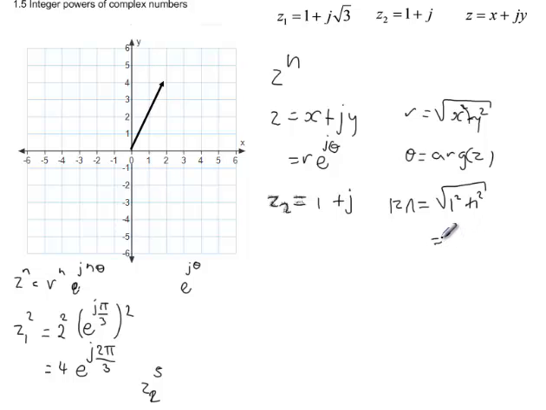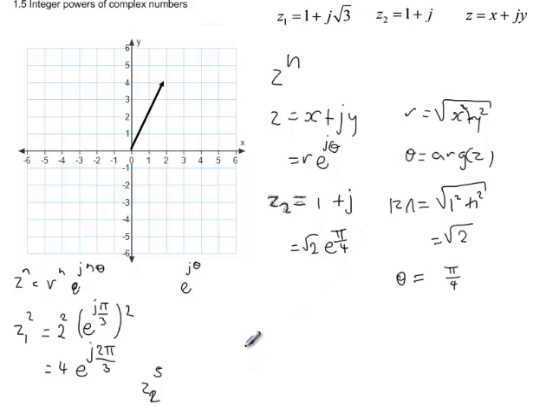Which is square root of 2. And the angle is obvious. What is the angle? Yeah, but we're working in radians here. Pi over 4. So now this number is square root of 2 e^(j pi over 4).